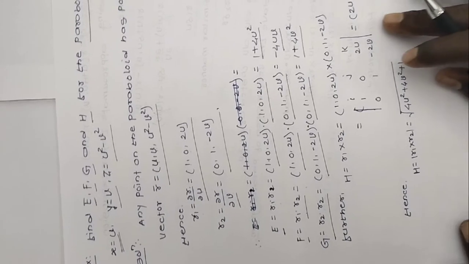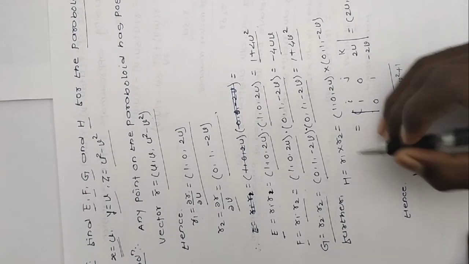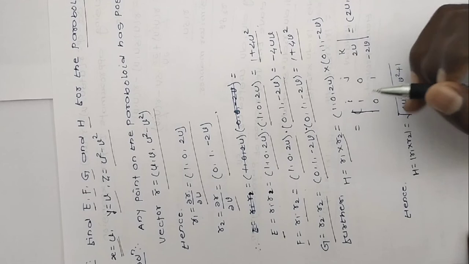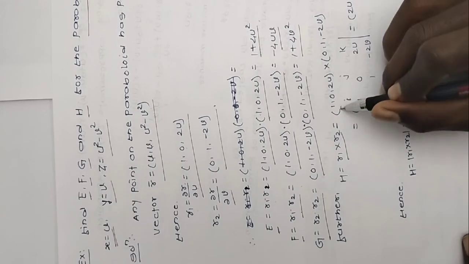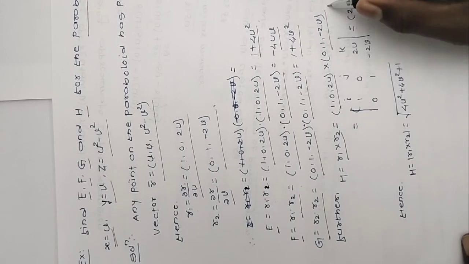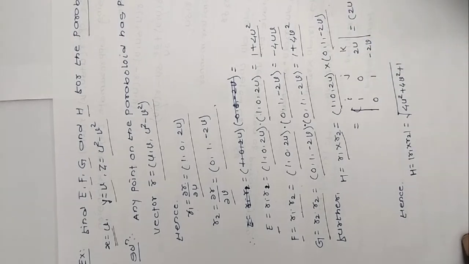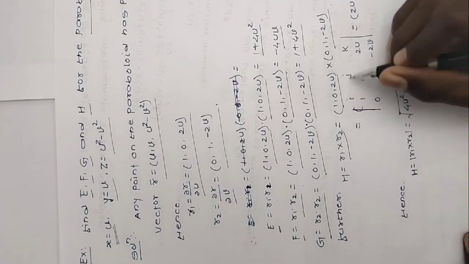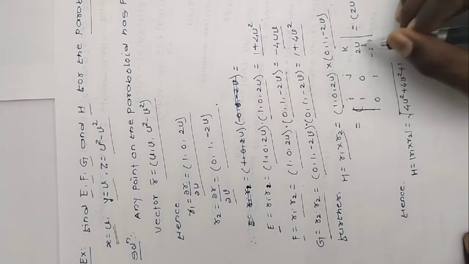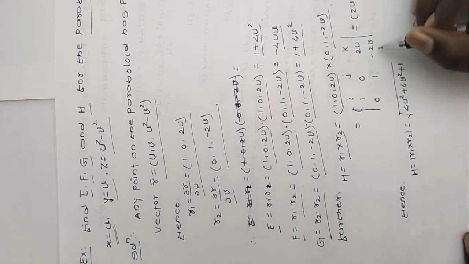Then, lastly, capital H is equal to the magnitude of r1 cross product with r2. How to find the cross product? By using a determinant: i j k, 1 0 2u, 0 1 minus 2v.